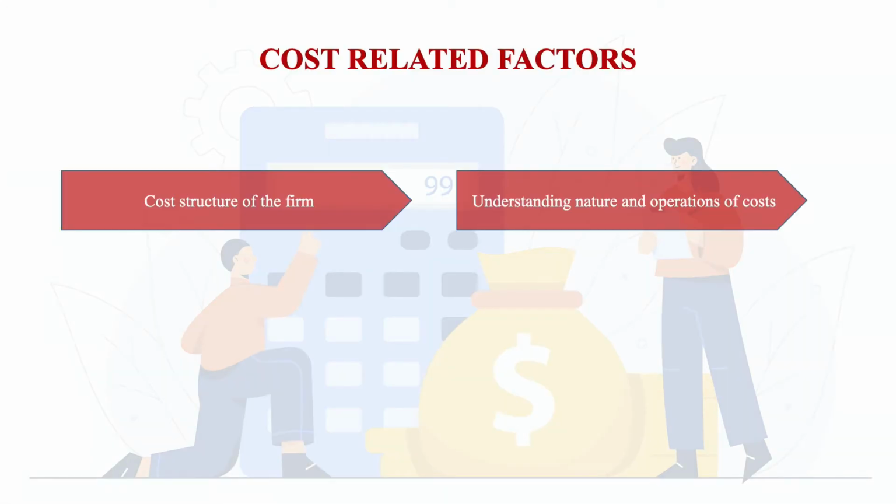You also need to understand very clearly the nature and operation of your costs. If you add a product line, what are the additional costs that you are adding? Because the basic production setup is the same, there are additional costs of producing that variant by changing certain components or certain attributes of the product.